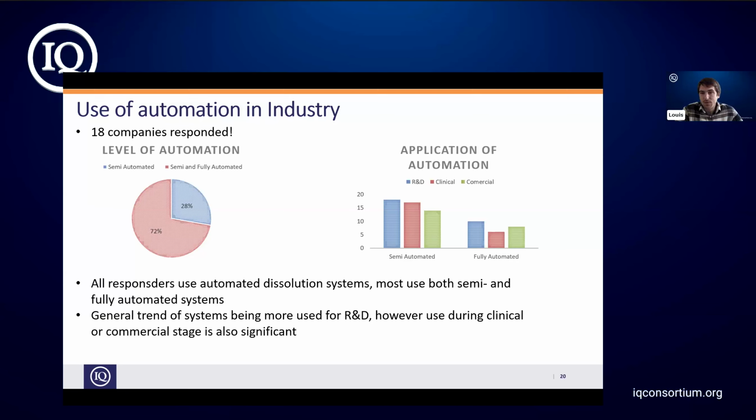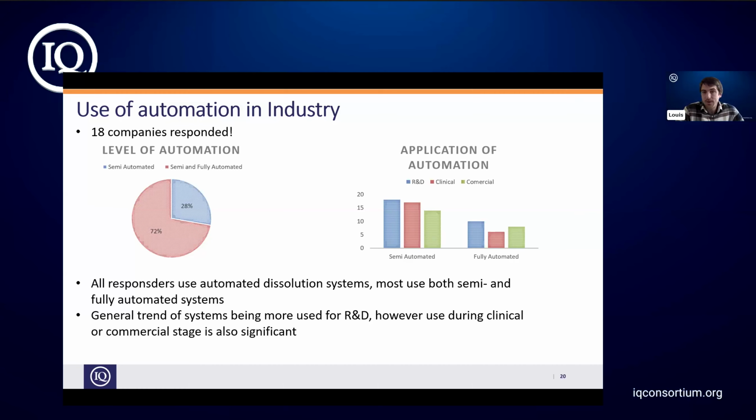When we look at the use of automation for semi-automated systems, we see that all responders basically use semi-automated dissolution testing in R&D phases. And then also still the majority use it during clinical development phases. And also a lot of responders use semi-automated dissolution testing during the commercial phase of the product.